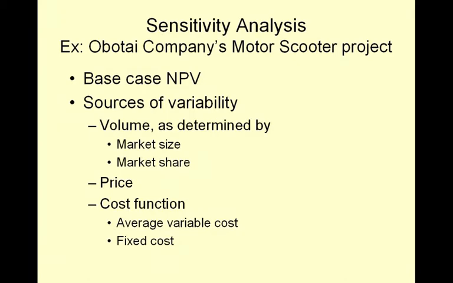In the example, the sources of variability that we'll look at are volume, as determined by market size and market share, price at which we can sell the motor scooters, and our cost function, as described or identified by average variable cost and fixed cost.